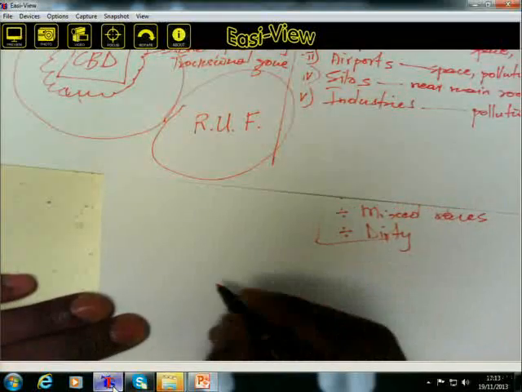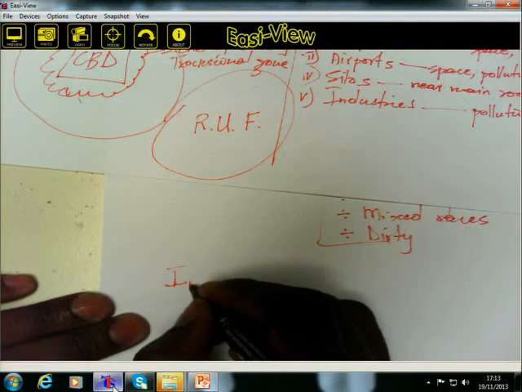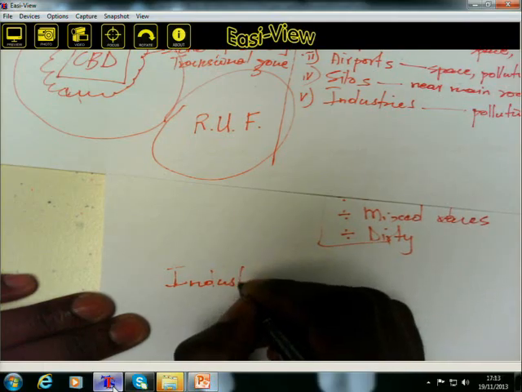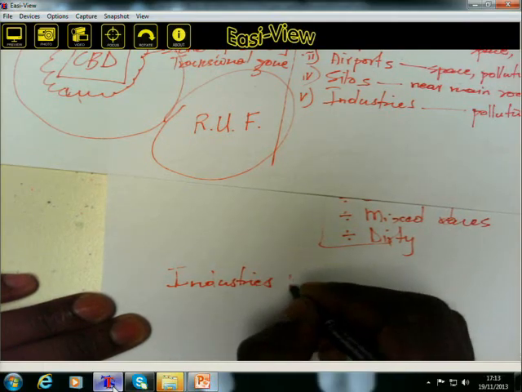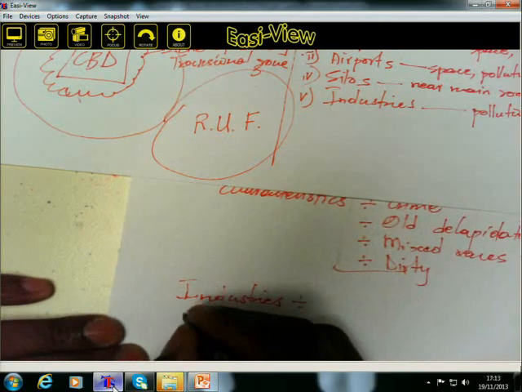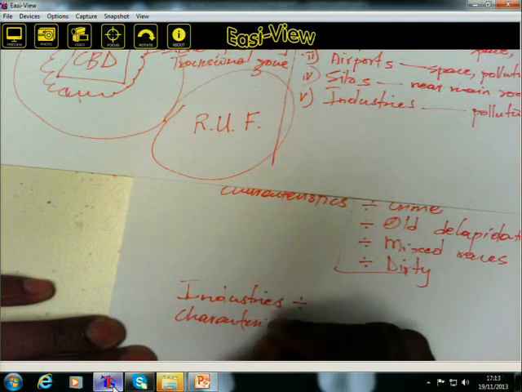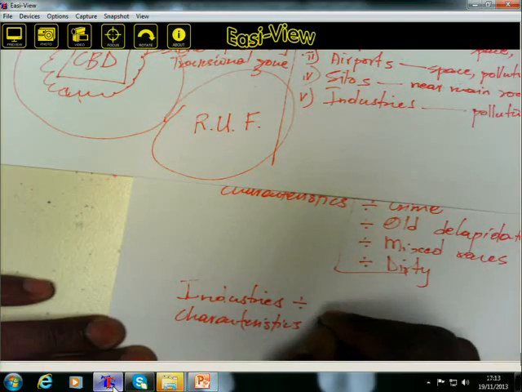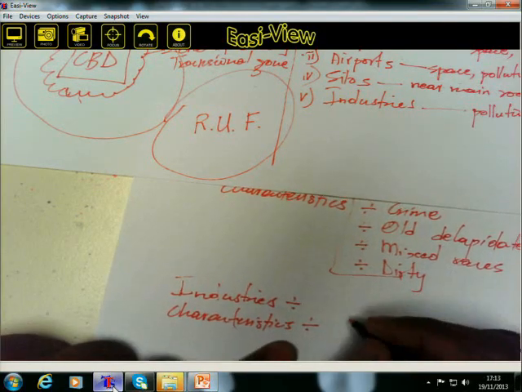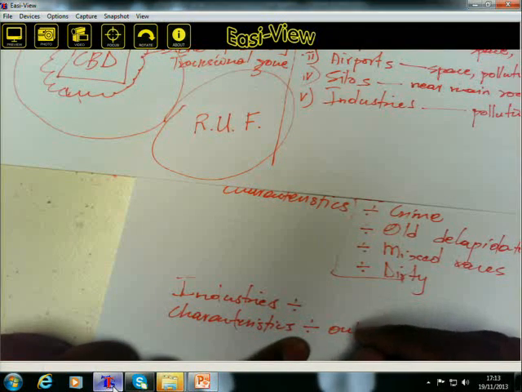Then another land use zone that we have, we talk of your industries. Characteristics of your industries is that they are found on the outskirts.